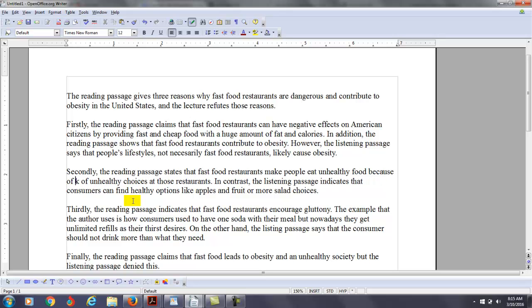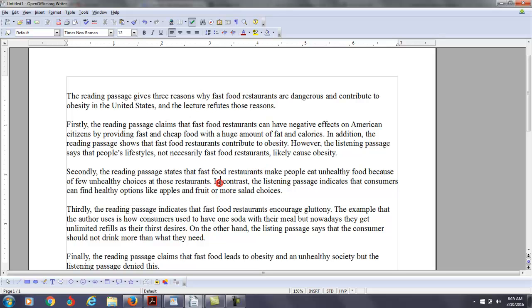I'm going to get rid of this because of, and say few. Because of few unhealthy choices at those restaurants, or limited unhealthy choices. Not the lack of. You're saying they don't have any at all. That's false according to the reading passage.